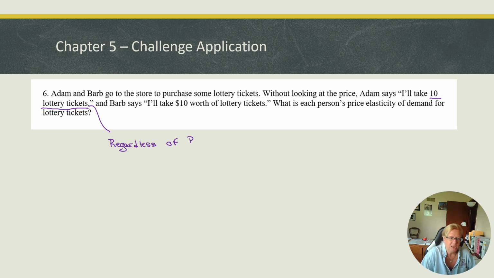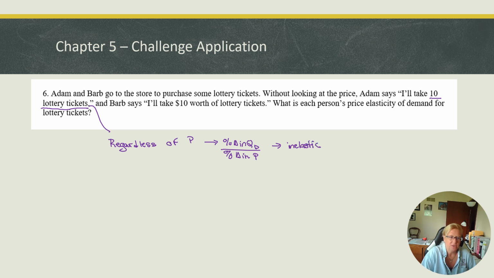Remember, what do we call the elasticity? It's the percent change in the quantity demanded divided by the percent change in price. He's basically saying he's taking 10 as a quantity demanded, and it doesn't matter what the price is. Because he doesn't really care about the price, Adam is going to be more inelastic.